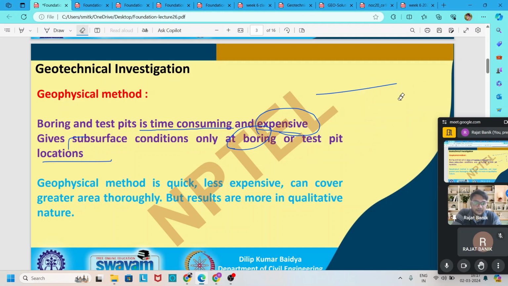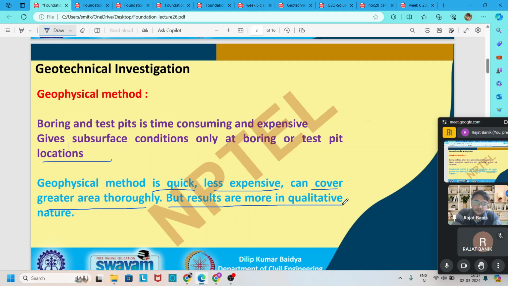But a geophysical method like the seismic reflection method is very quick, less expensive, and can cover a greater area thoroughly. But the results are more qualitative in nature.